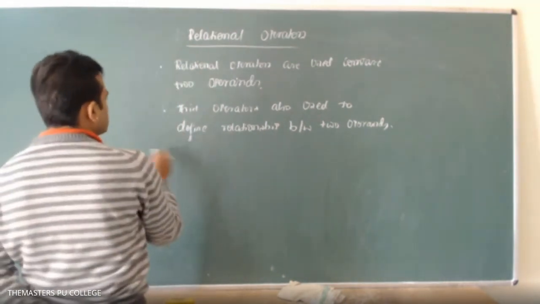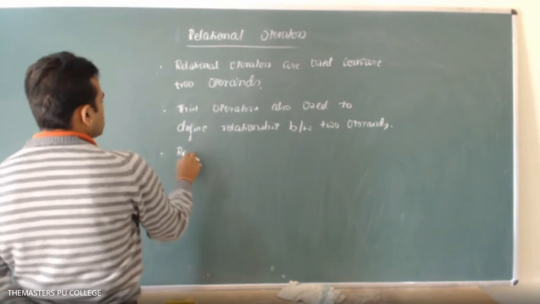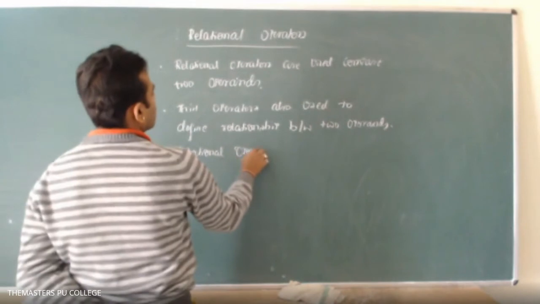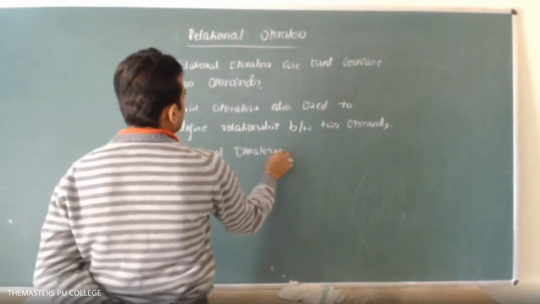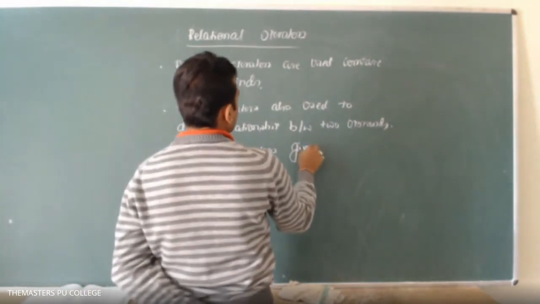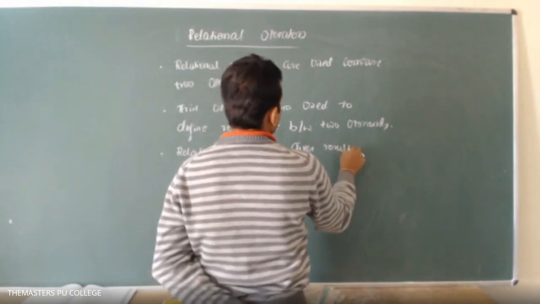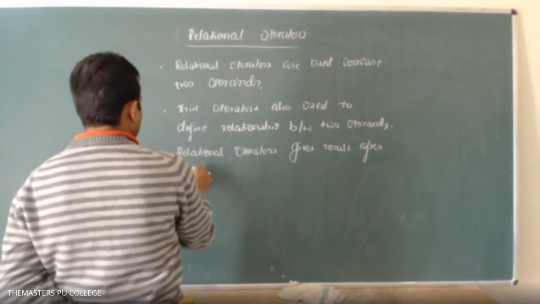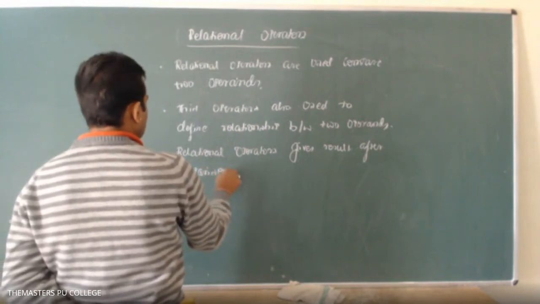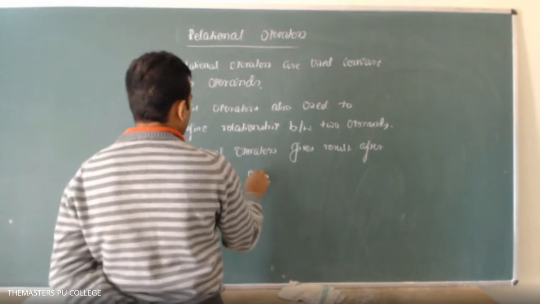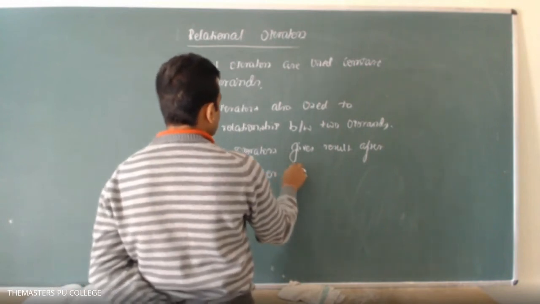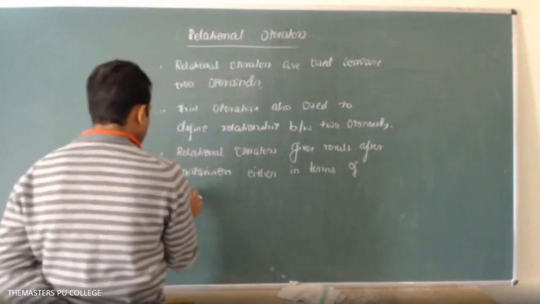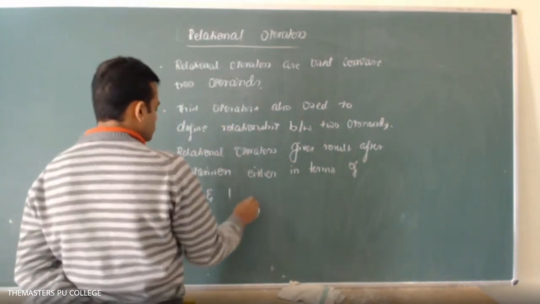Next, relational operators give the result after comparison, either in terms of zero and one.